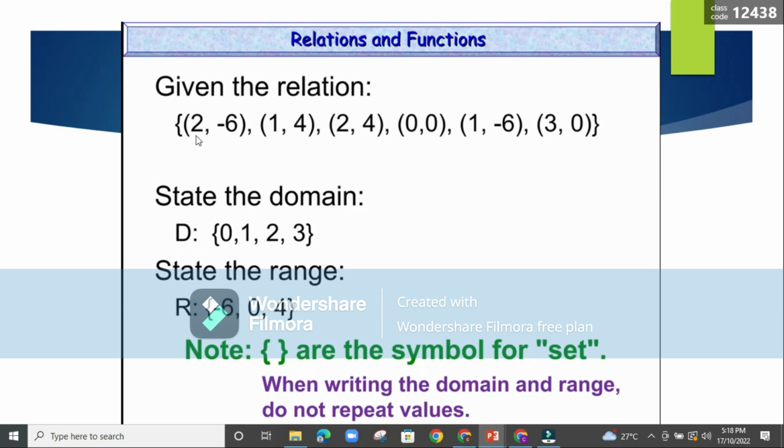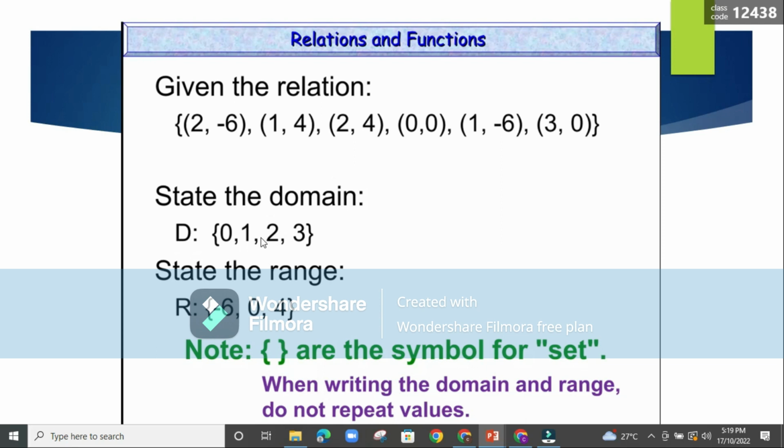Now, let's have an example. The set of ordered pairs: (2, -6), (1, 4), (2, 4), (0, 0), (1, -6), (3, 0). Since we have the braces, this is a whole set. If you're asked to state the domain, it is actually all the x coordinates.